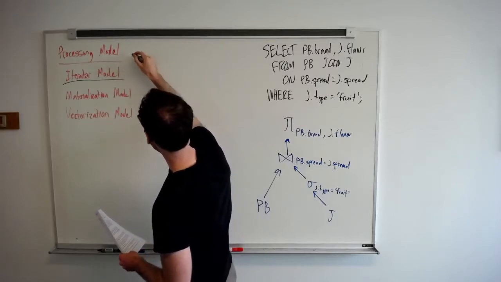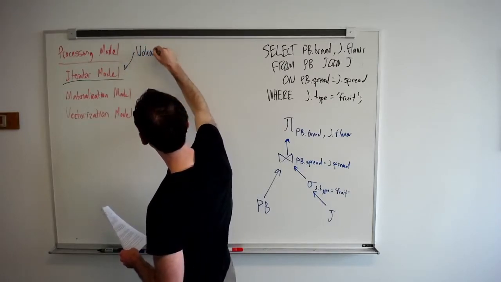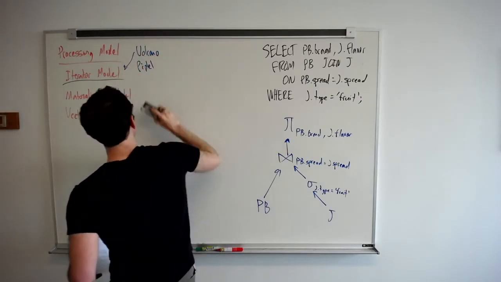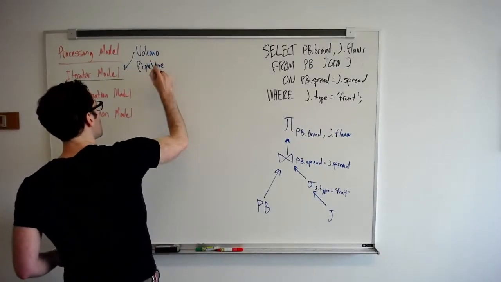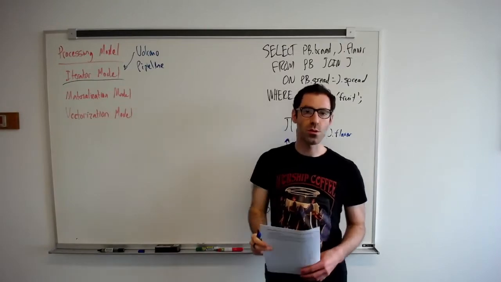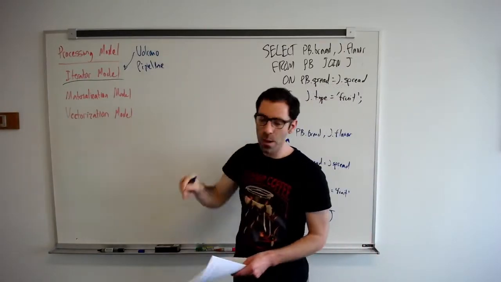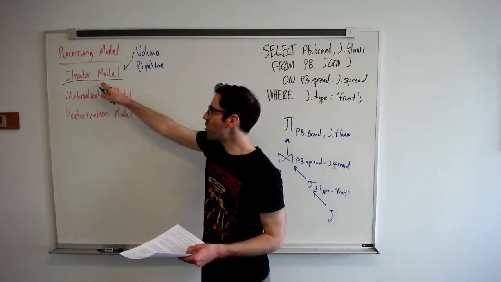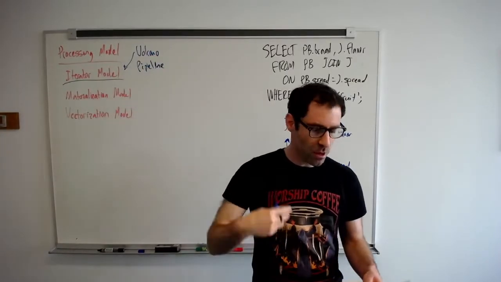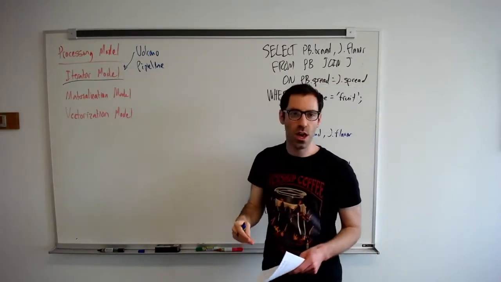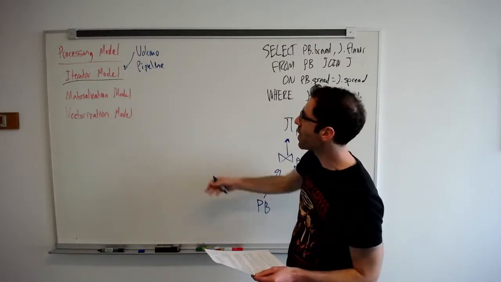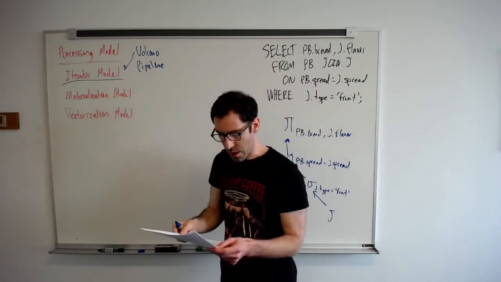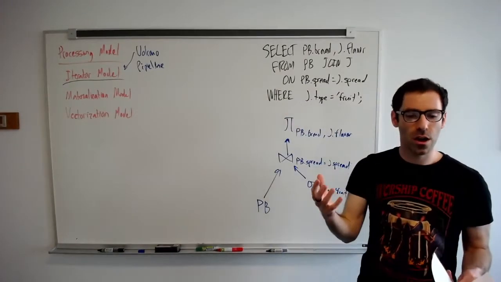This is also known as the volcano model or the pipeline model. The textbook will refer to it as a pipeline. Volcano comes from the research database system that originally implemented this model; their research paper referred to it as the volcano model. That's what their system was called. As usual with these sort of things, it just sort of stuck. But we'll call it the iterator model. I think that makes it nice and clear what's going on.